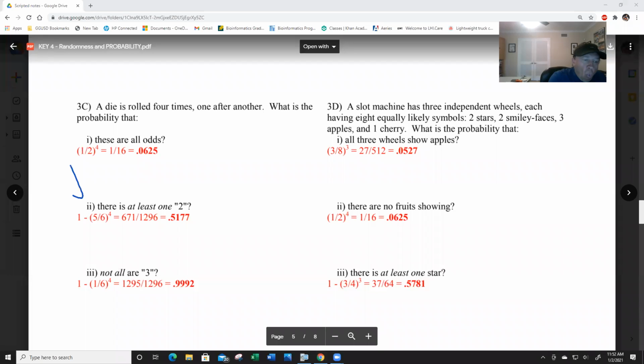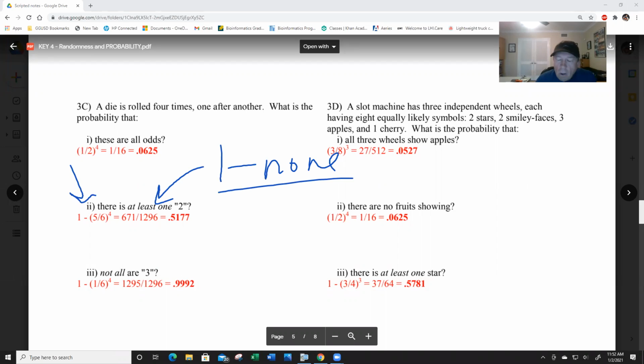There's at least 1, 2, at least 1. One of the tricks, when you see the term at least 1, you're going to do 1 minus none of them. That's going to be a trick you're going to learn. 1 minus none, at least 1. At least 1, 2. So let's figure out the probability of no 2s occurring 4 straight times.